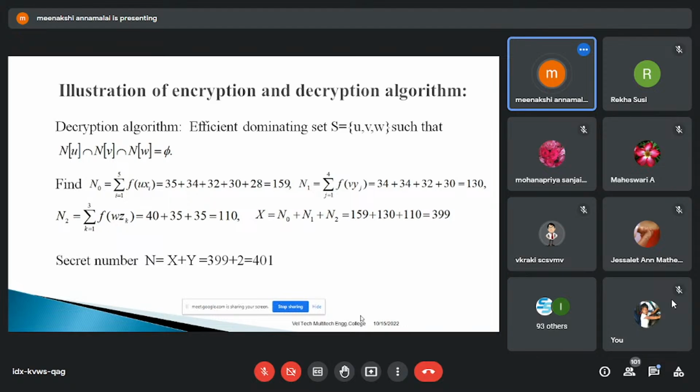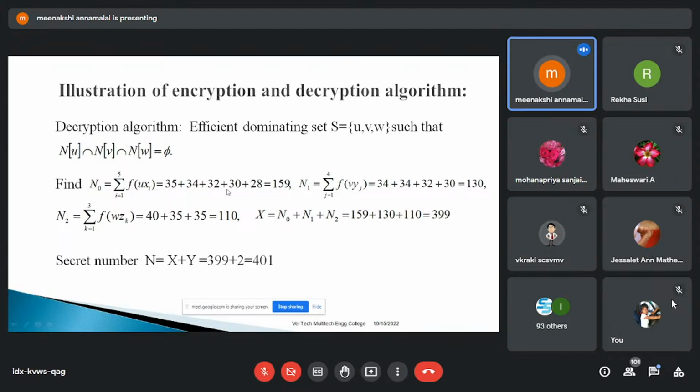This is U. If you know the definition, you can identify U, V, W easily. And the corresponding neighbors, that is what we labeled. Look at those edges, I'm adding them. So n naught is equal to 35 plus 34 plus 32 plus 30 plus 28. You will get the n naught value.